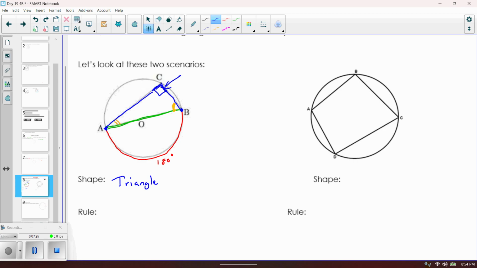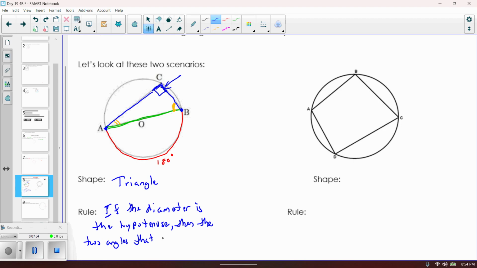And the rule is, if the diameter is the hypotenuse, then the two angles that touch the diameter add to 90 degrees.